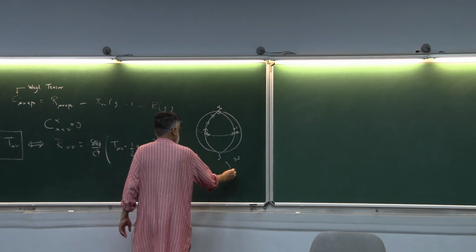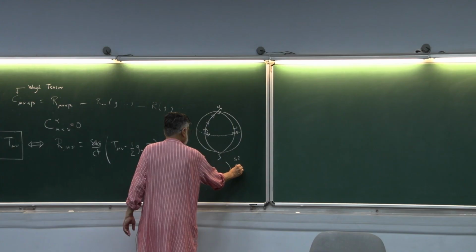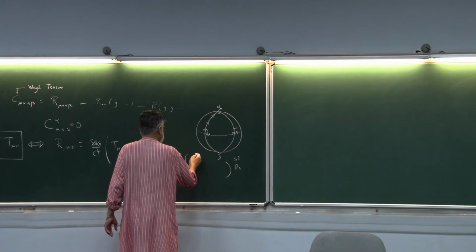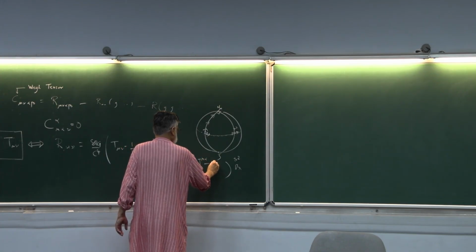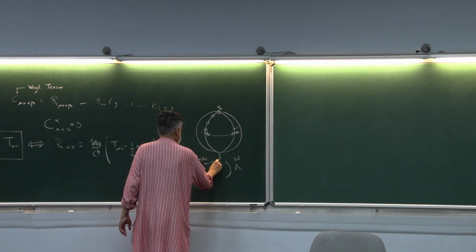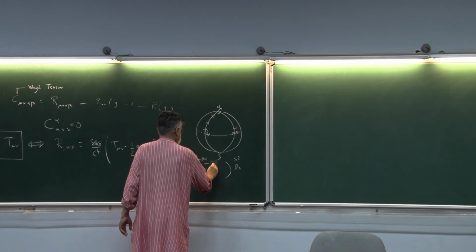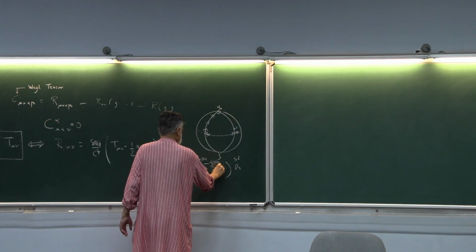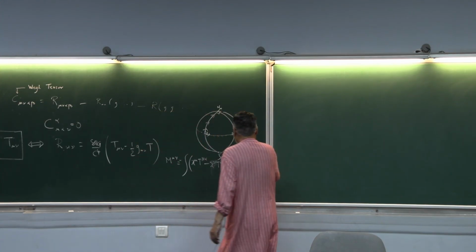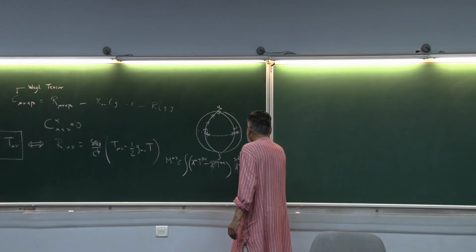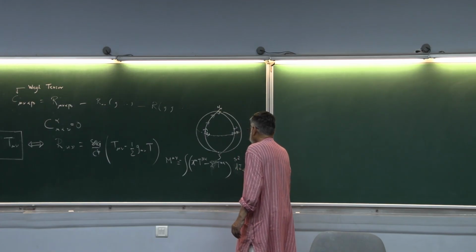This is the orbital angular momentum, so it's integrated over space, is defined to be something like this. I mean, integrated over the spatial 3 surface.